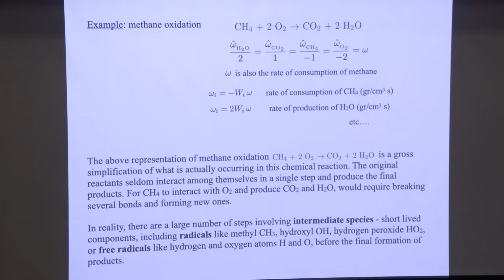I put here an example, which you can look at later, but I just wanted to quickly mention that, of course, in reality, the chemical reaction of methane, or the oxidation of methane, doesn't go in a simple way like this reaction. There are many steps going on, many intermediate species that are created and destroyed and so on.